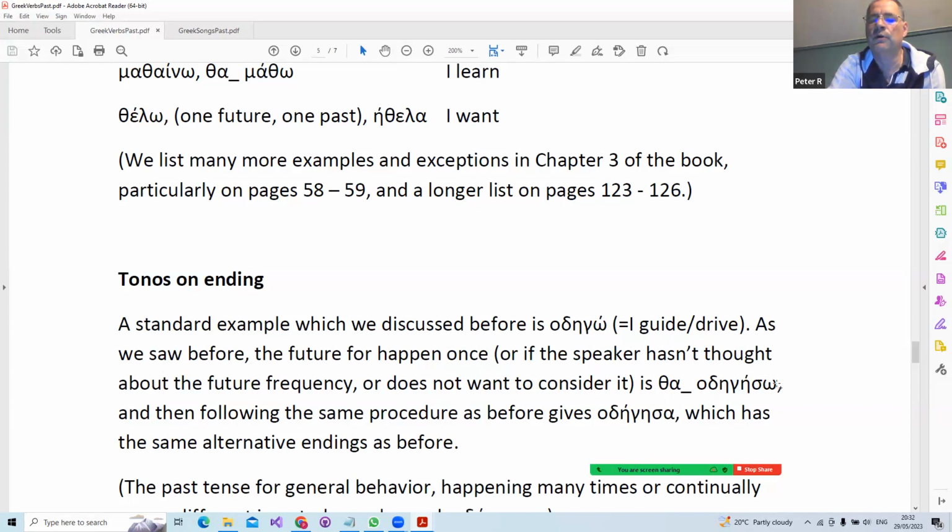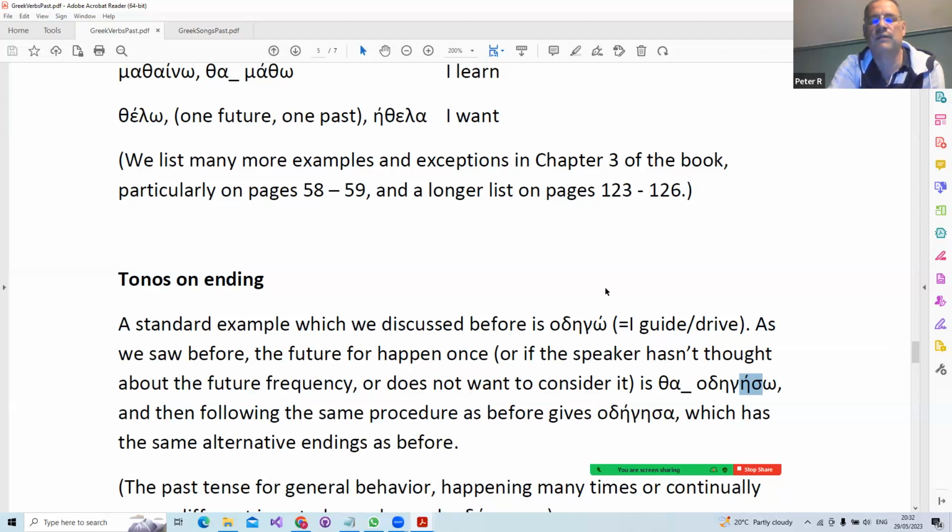Although we've still got the o, we've added the s by adding ι s. So we've inserted a long i and an s sound in here, and the tonos was on it.